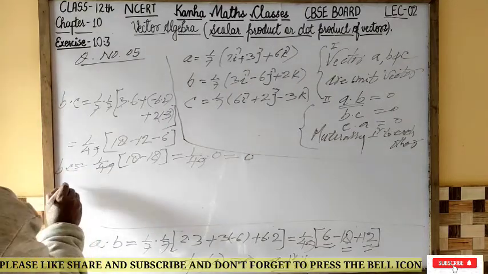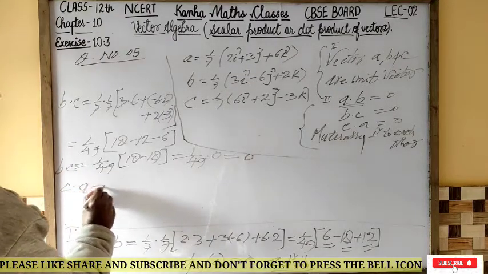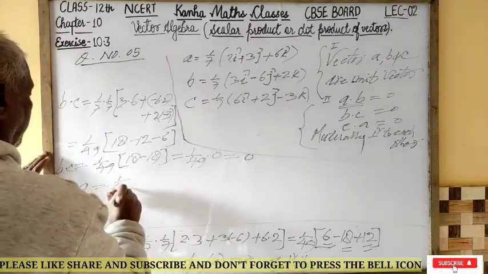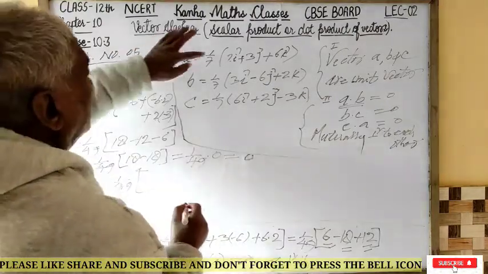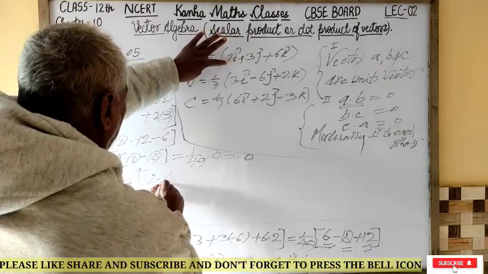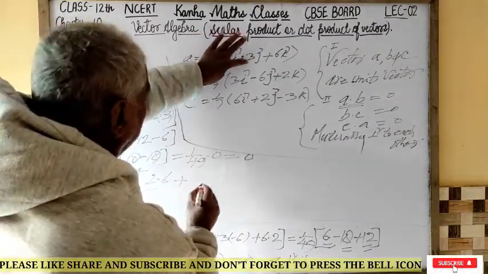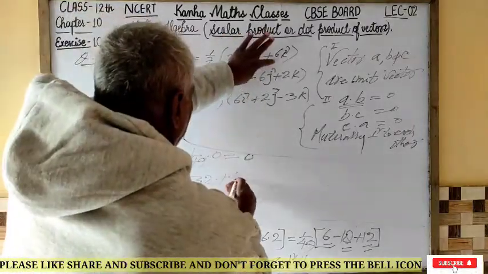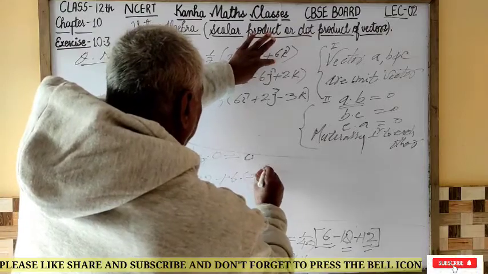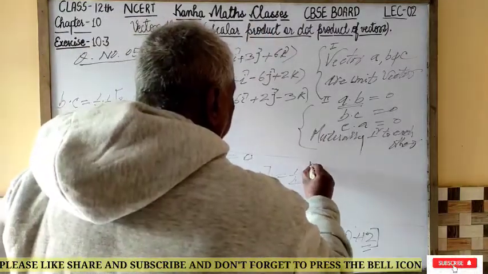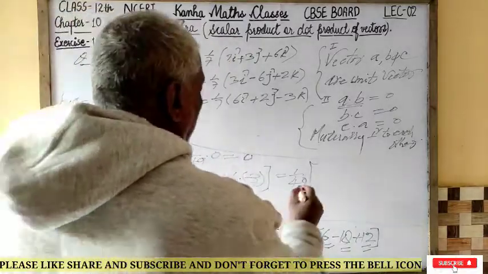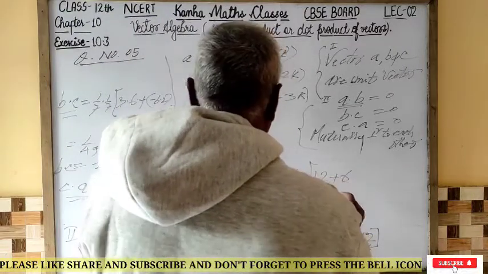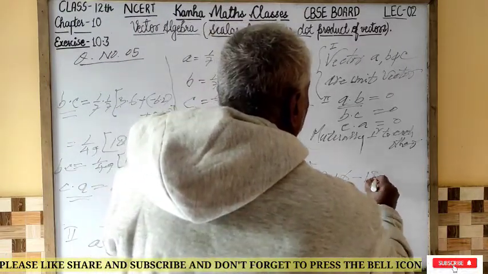Now the dot product of C and A is 1 by 49 times 2 into 6 plus 3 into 2 plus 6 into minus 3. 2 sixes are 12, 3 twos are 6, plus 6 into minus 3 is minus 18.